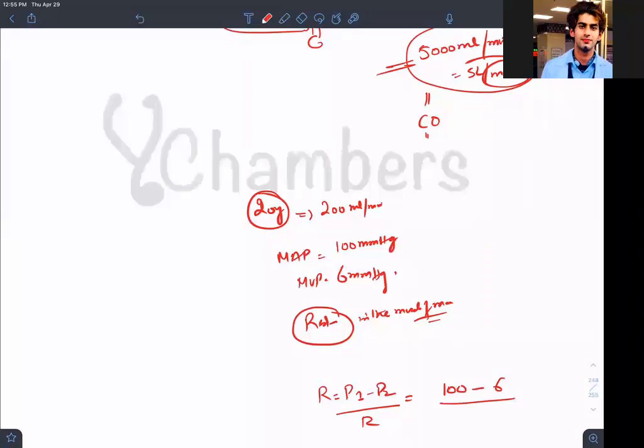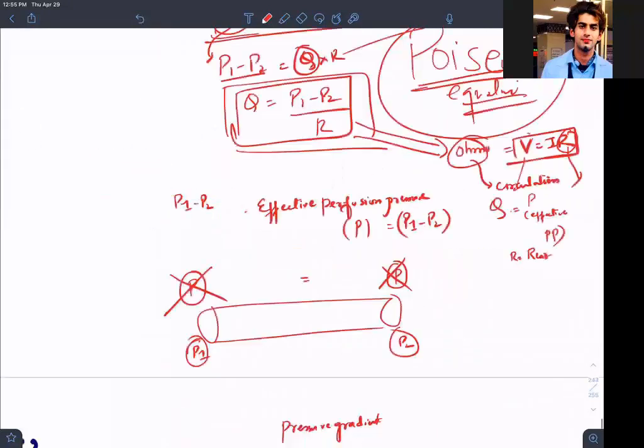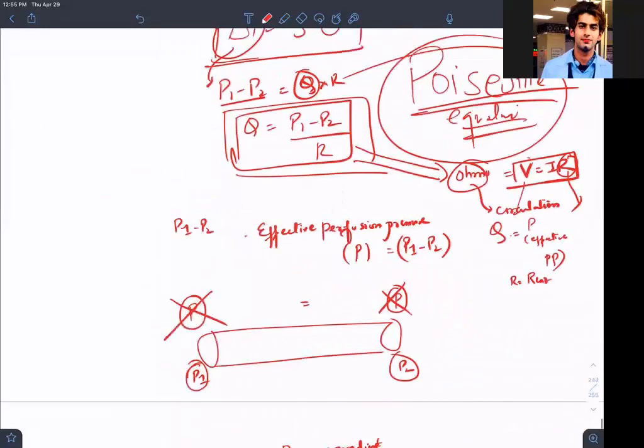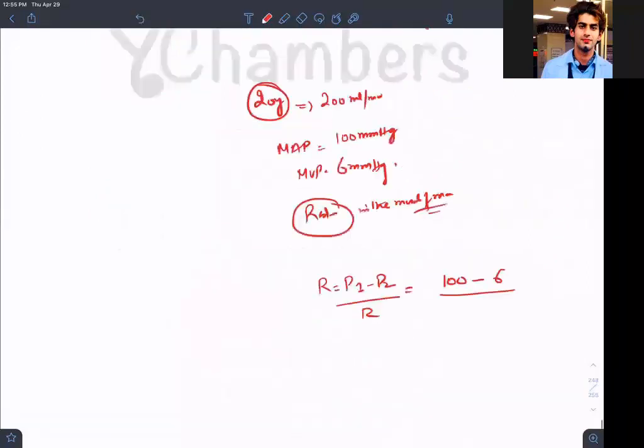We are taking flow. Do we remember this? So Q is equal to... Sorry, I have taken a wrong one.